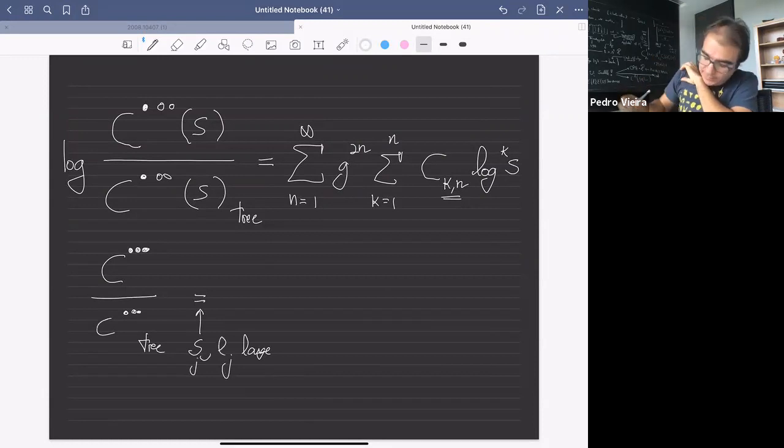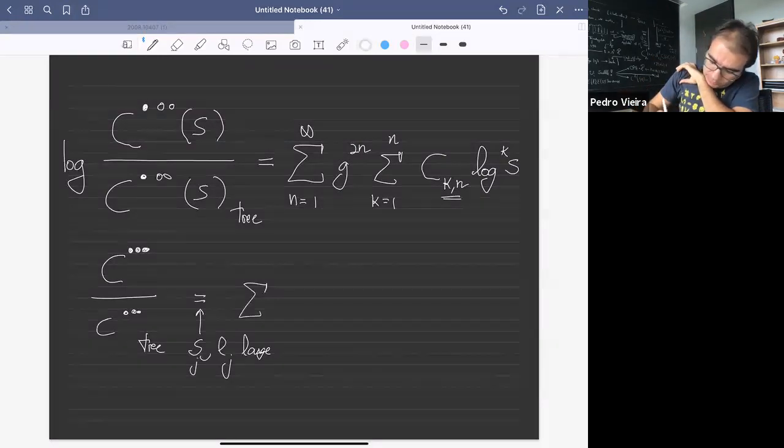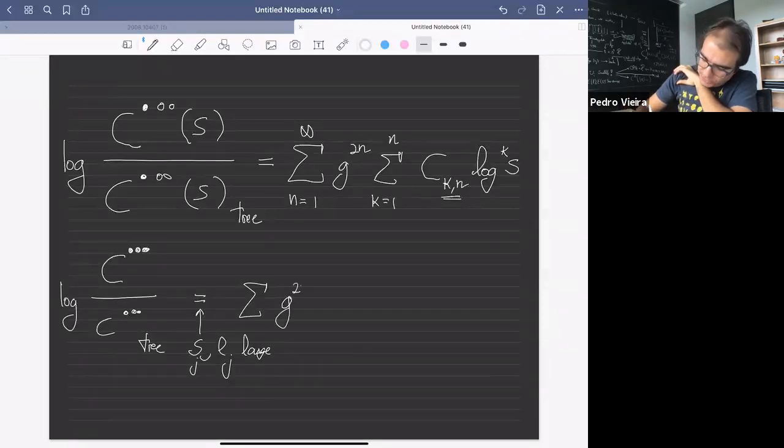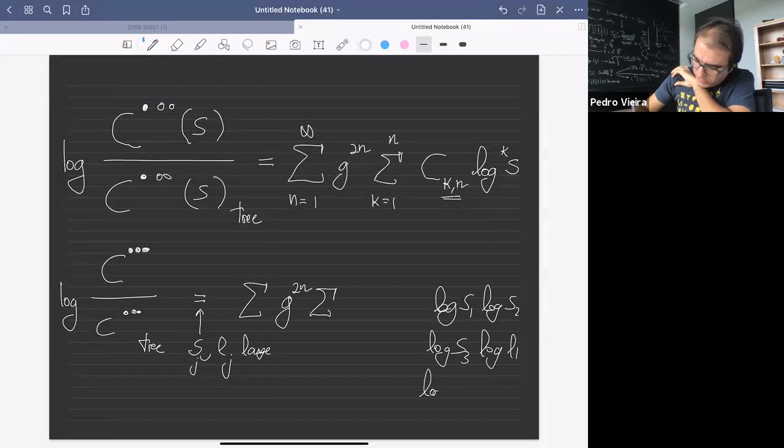Then the claim is that this object, or the log of this object, if you want, is also some sum g^{2n}, and then some sum, and now you could have log of S1, but you could also have log of S2, log of S3, log of L1, log of L3, and log of L2, right? And to what powers?